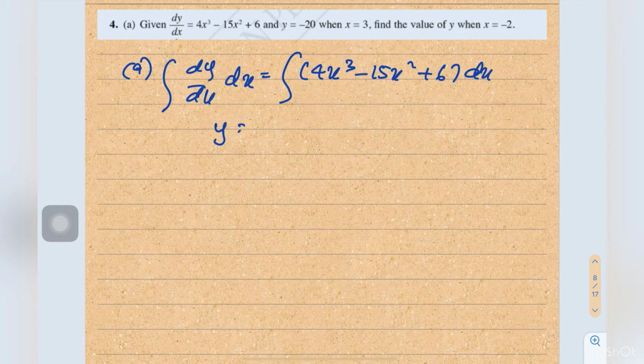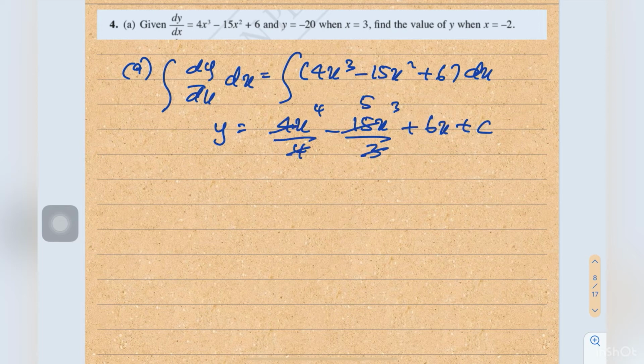Integrating dy/dx is y. So here, 4x to the power of 4 over 4 minus 15x cubed over 3 plus 6x plus c. Simplify: y is x to the power of 4 minus 5x cubed plus 6x plus c.